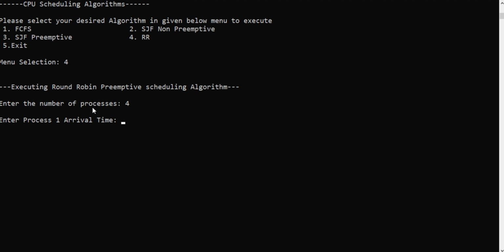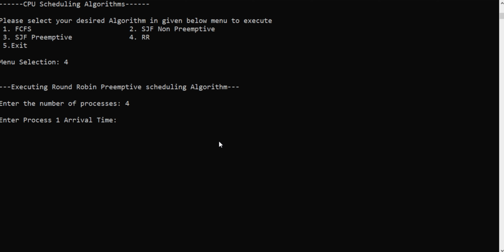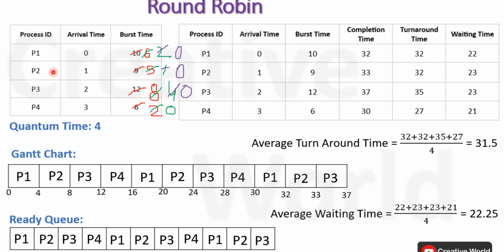Okay, after entering the number of processes, now we have to enter the arrival time and burst time of each process. So the arrival and burst time of first process is 0 and 10. Next, arrival time of P2 is 1 and burst time is 9.